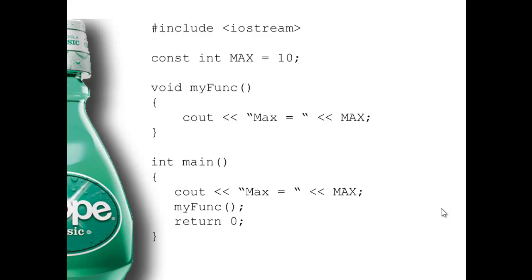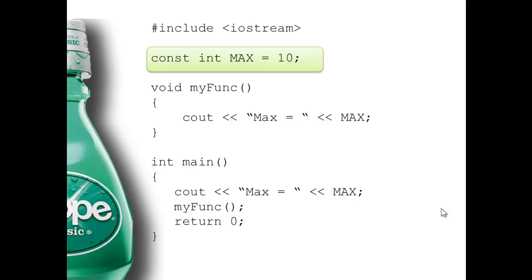But now let's look at this program. Here again you notice that I've defined max in the global workspace. Now you note that we have two functions. We have first myfunc and then the main function down below that.